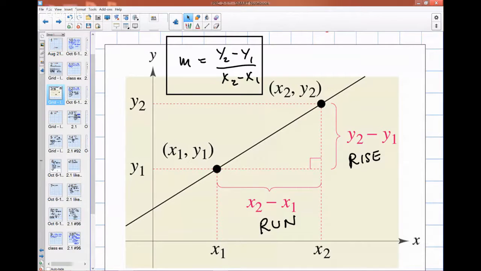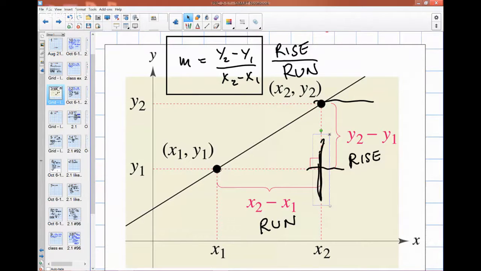So sometimes this is thought of as rise over run. What is the rise? It's y2 minus y1, the height from the first point, and then what's the run? It's the x2 back over to the x1.